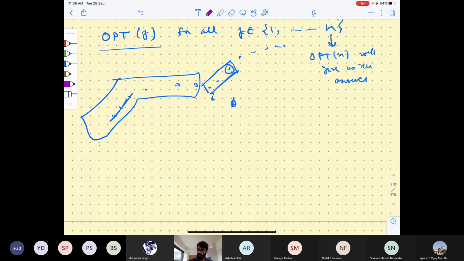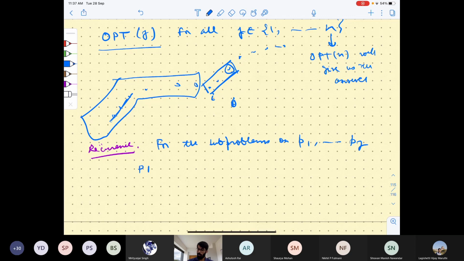So what do we get? The recurrence. For the subproblem on P1 to Pj, that is what we want to solve.